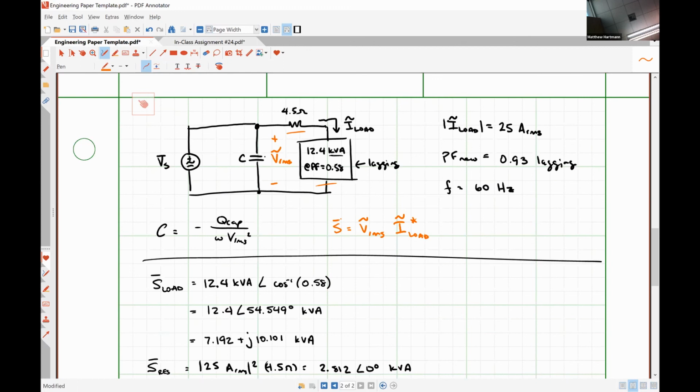I could, however, alter my equation ever so slightly and say that the apparent power is the magnitude of VRMS, which is what we're trying to find out, multiplied by the magnitude of I load, which we do know. So do we know the apparent power absorbed by the resistor and the load together?